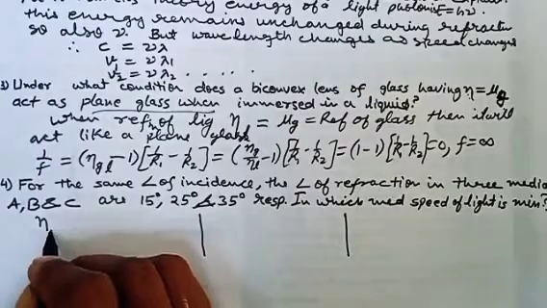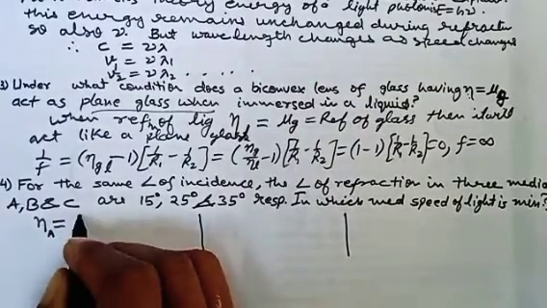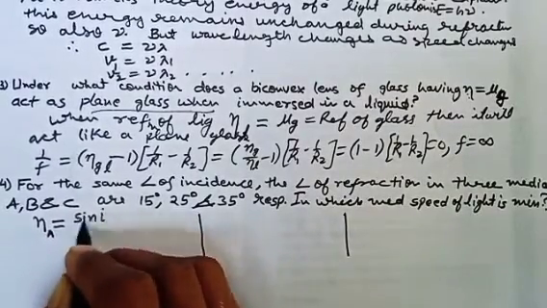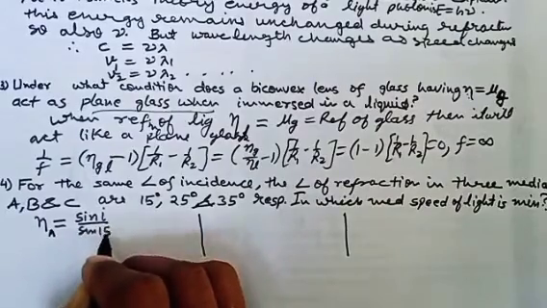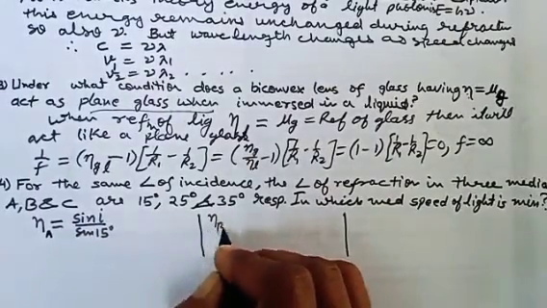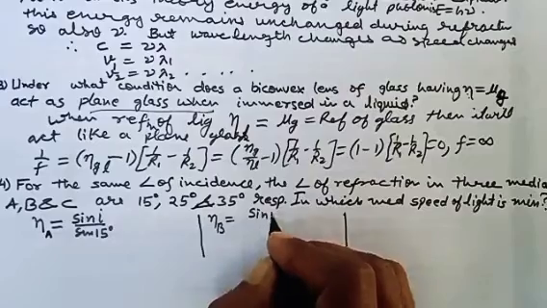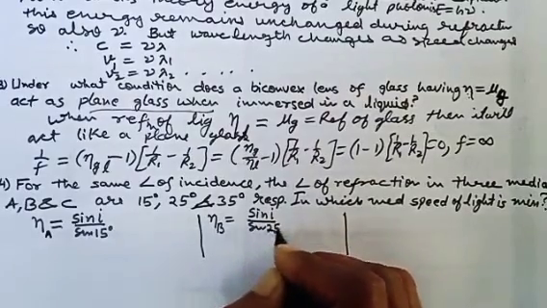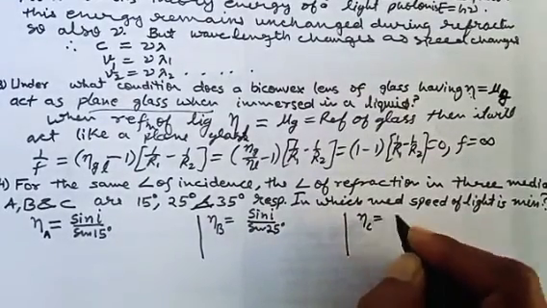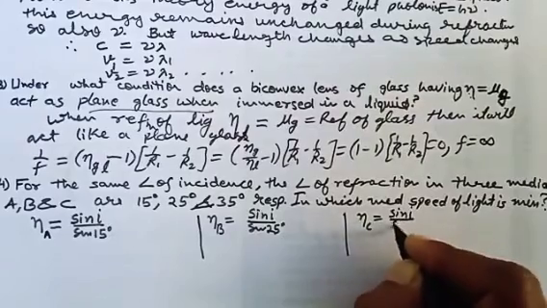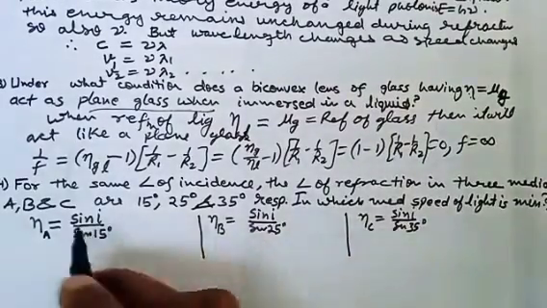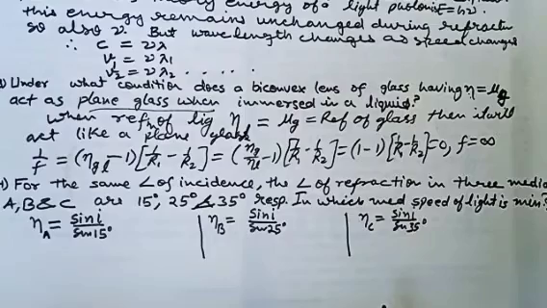Eta A is equal to sine i upon sine 15. Eta B is equal to sine i upon sine 25. Eta C is sine i upon sine 35. Alright, angle of incidence for each case is same, so numerator is same. So we are interested in the denominator.